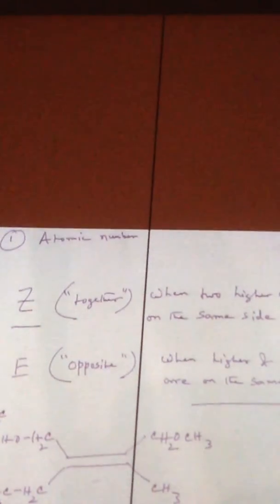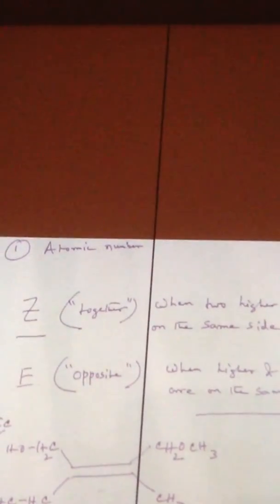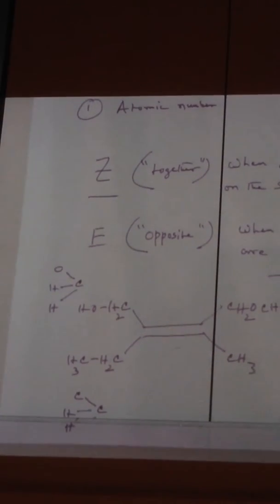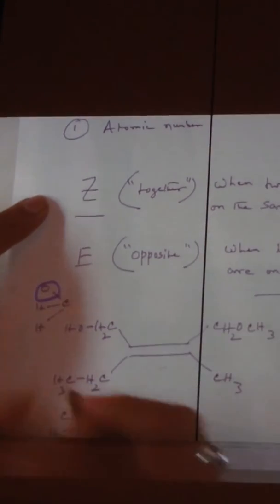And this C, on the other hand, is joined with a carbon and two hydrogens. The first point of difference is the one that makes the difference. So the oxygen is the important part. Compared to carbon, it has a higher atomic number. Therefore, this is higher. This is lower.